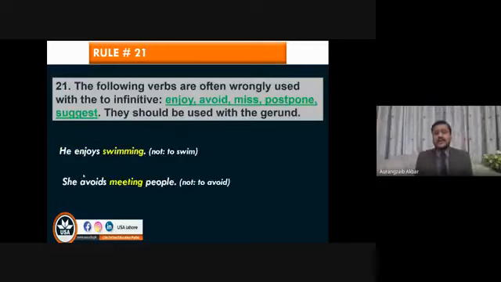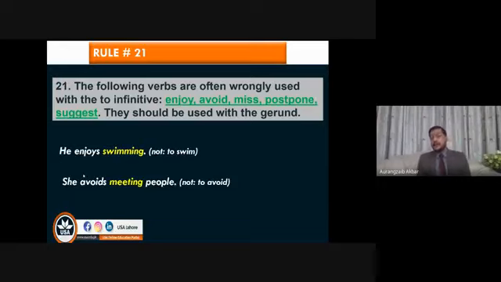Rule number 21: the following verbs are often wrongly used with the to-infinitive. Enjoy, avoid, miss, postpone, suggest. They should be used with the gerund.